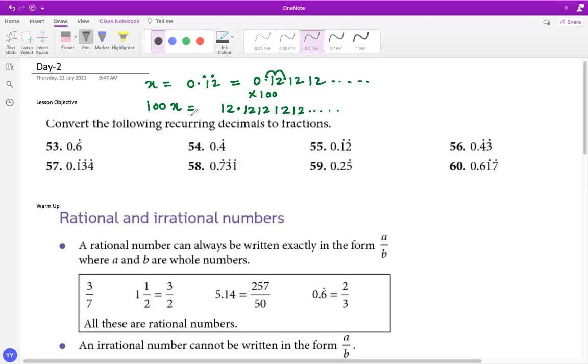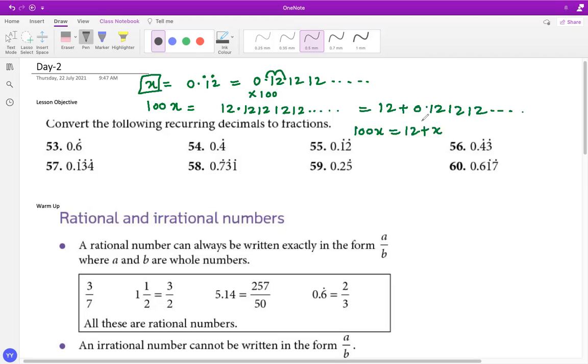Now 12.1212 I can break down as 12 plus 0.12, 12, 12 and so on. And we already defined x as 0.1212 and so on. So what we get is 100x equals 12 plus x.